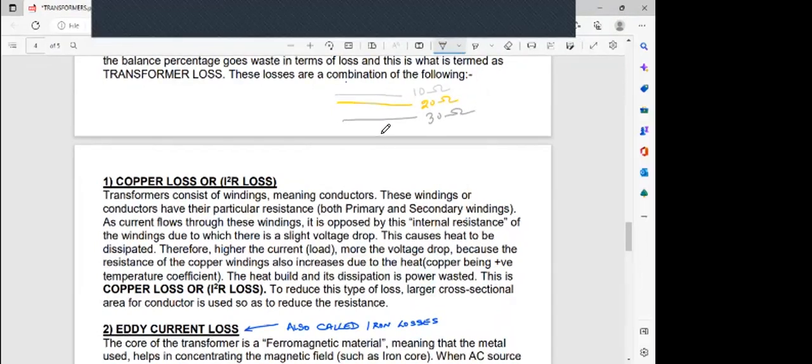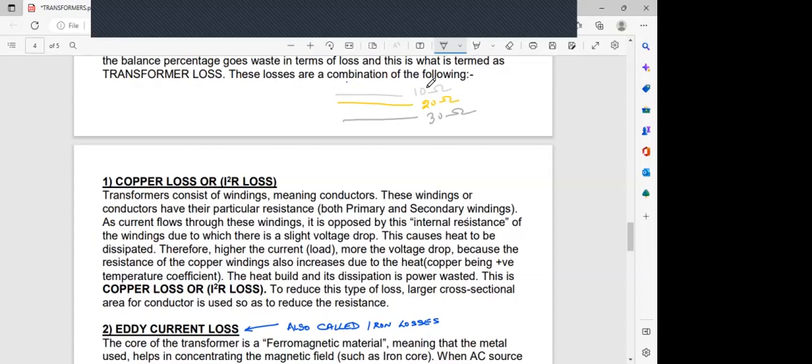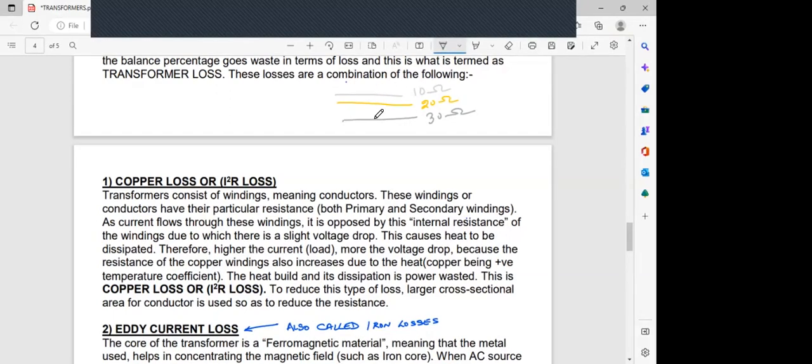All are conductors. Each conductor, depending on what the conductor is, will have its own internal resistance, and that resistance is called resistivity. Why? Because, for example, silver will be having more free electrons than copper, and copper will be having more free electrons than your aluminium.